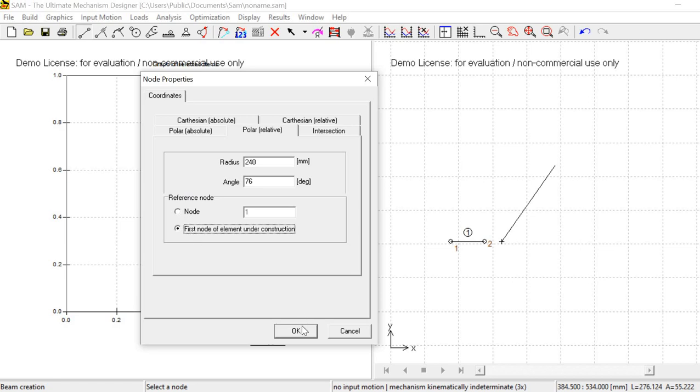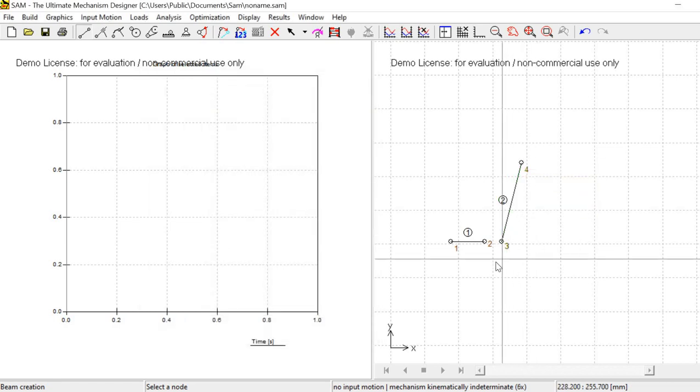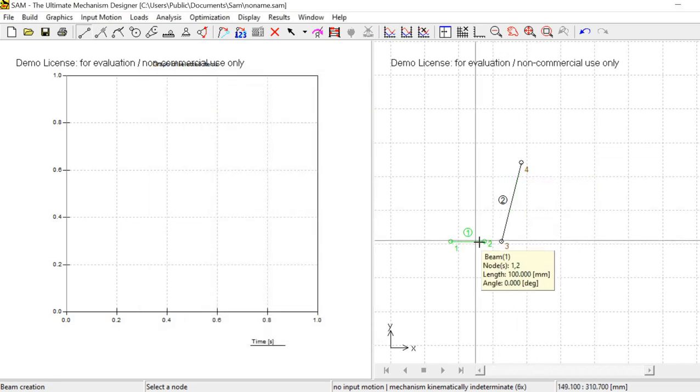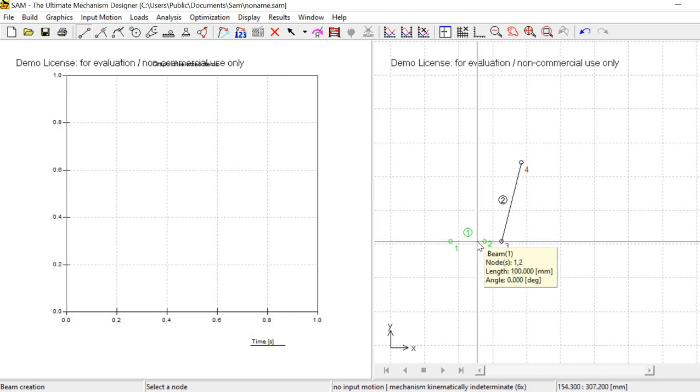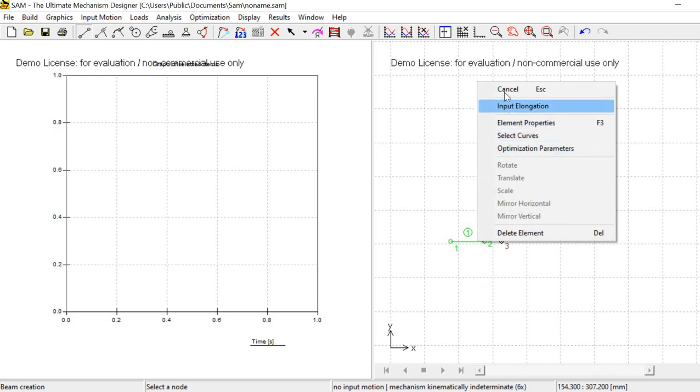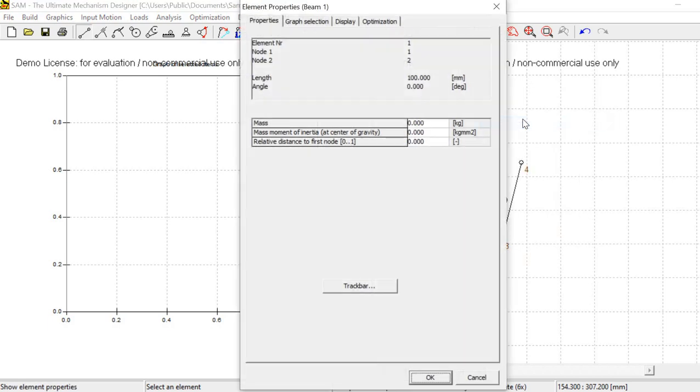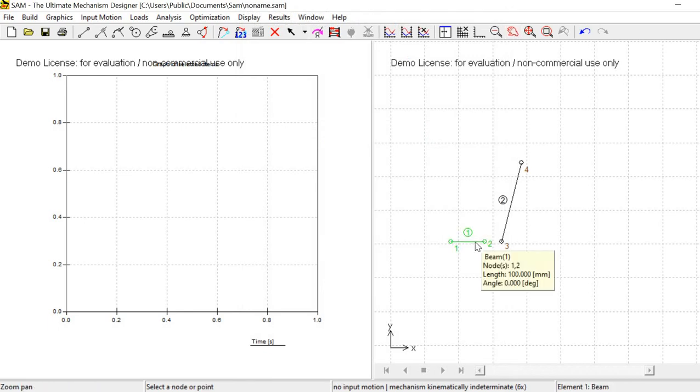So here we need to select this one. After that, it would be shown like this. As I already mentioned, we need to change these values for theta. So I'm going to change these element properties. I think we can't change them over here, so I'm going to delete it.